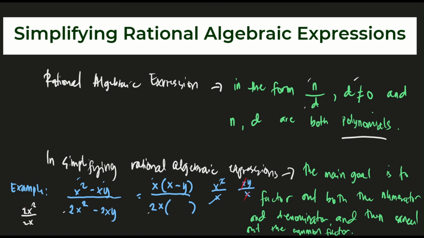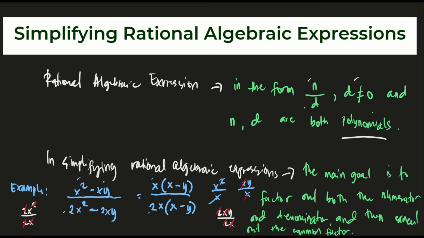Now, 2 cancels out 2, and then x squared, you divide it by x, simply cancel out x and then cancel out the square. Now, therefore, our first term is just x, and then you copy the negative sign from here, and then to find the last term, 2xy, you divide it by 2x, cancel out 2, cancel out x. Now, we have y.